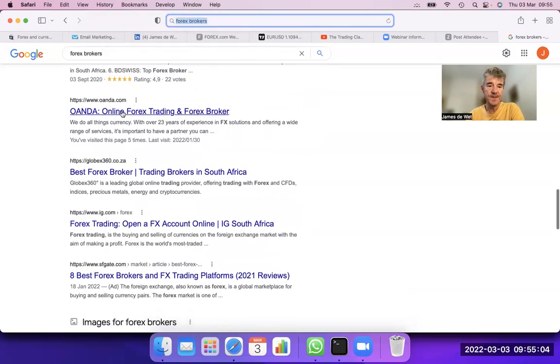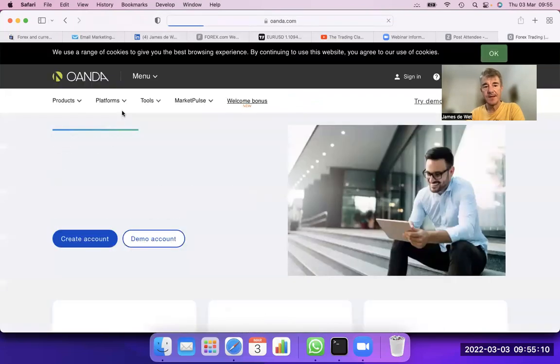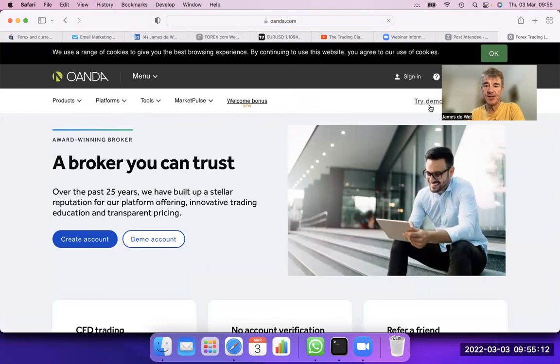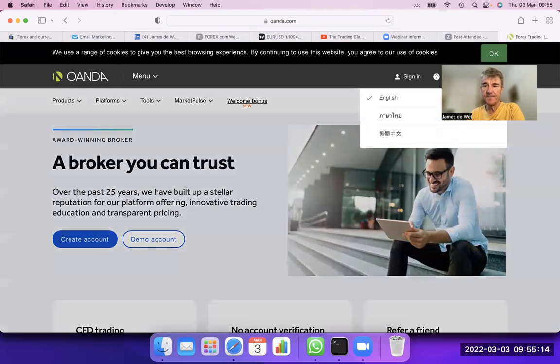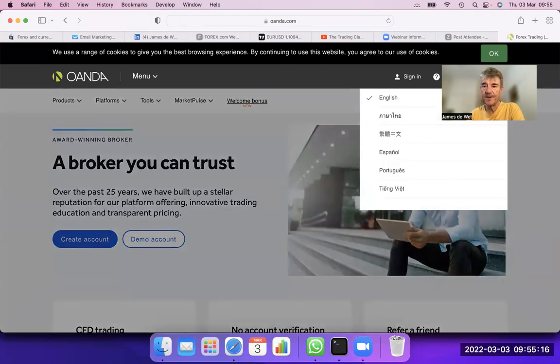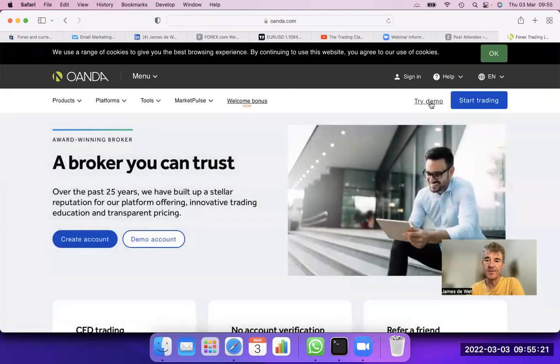There's Oanda, oanda.com. Click on there. You'll end up here and you can just go try demo, click over there, and you can open a demo account or a live account if you want, but it's good to try that out. They've got a really good trading platform and low spreads.